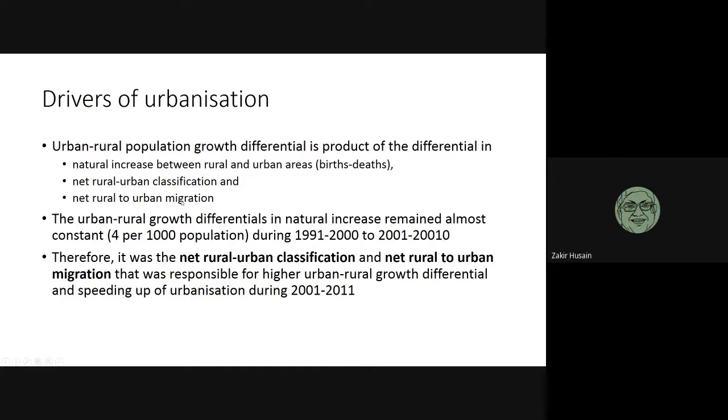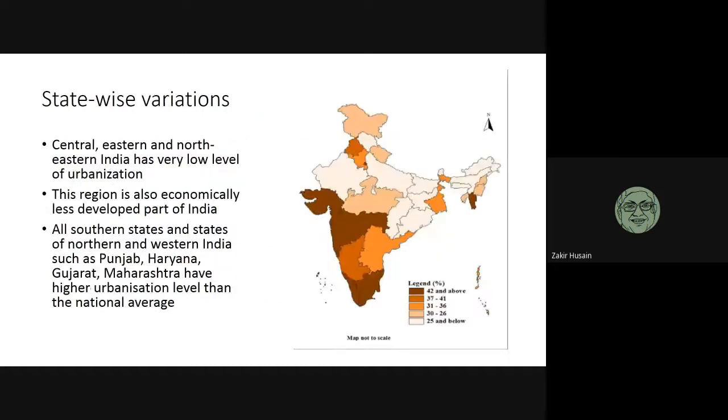So it was the second and third components, migration and reclassification, that were the main driver behind urbanization in the last decade. Well, I won't say last decade, because the last decade is 2011 to 21 and we don't have the figures, but the starting decade of the millennium.